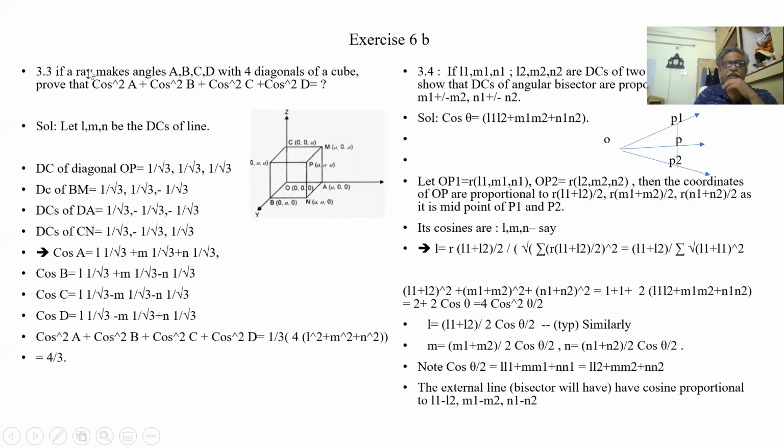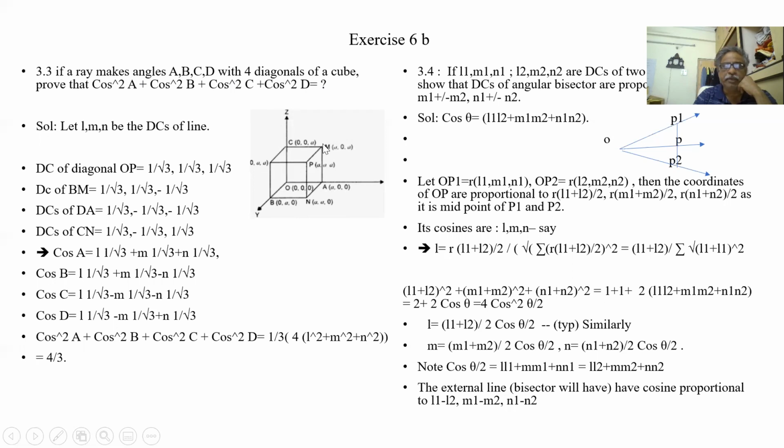Let us see. This is a cube. Now, if a ray makes angles A, B, C, D with the 4 diagonals of a cube. So what is the first diagonal? What is one diagonal here? O to P. This is one diagonal. What is the second diagonal?